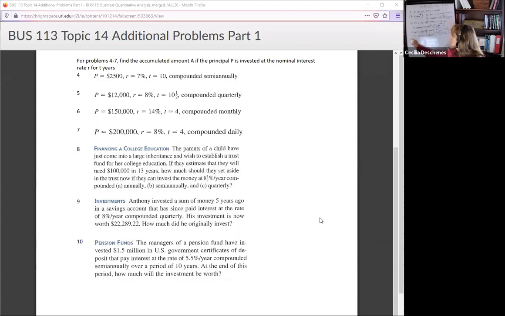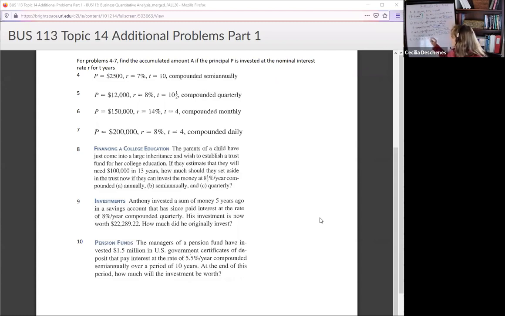So let's go ahead and put everything we know in. It's going to be a similar type problem to what we did in number 8. Numbers are a little different. So he invested a sum of money 5 years ago. So our T equals 5, in a savings account that has paid interest at a rate of 8% a year. So R is 0.08, and compounded quarterly.